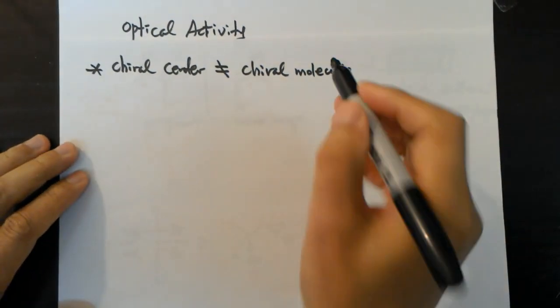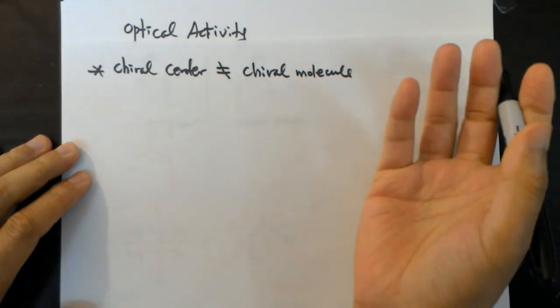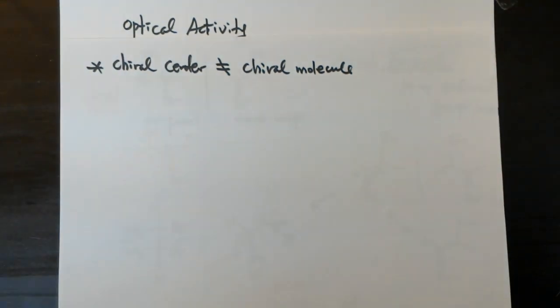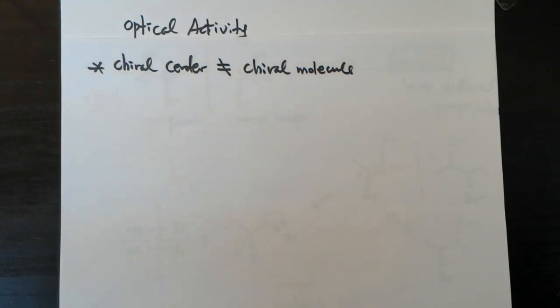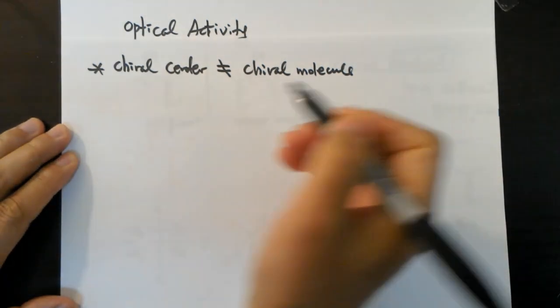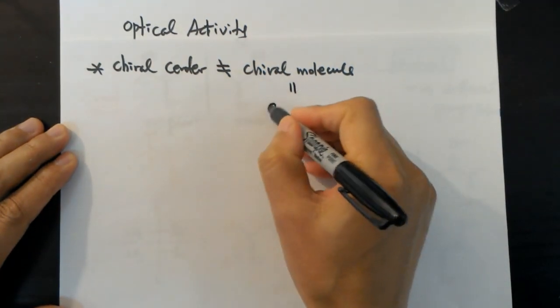That was because some molecules with chiral centers have opposite configurations and they have opposite effects. So then we are ready to talk about optical activity. The chiral molecule is known to be optically active.